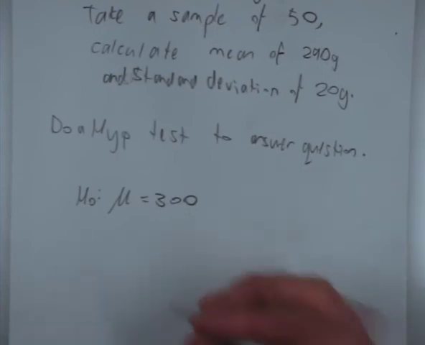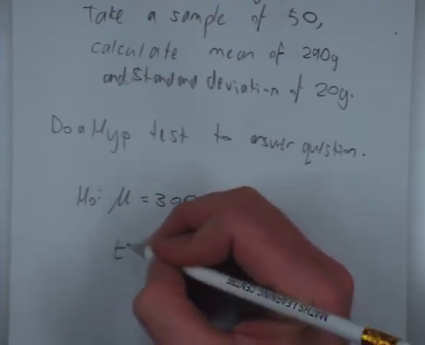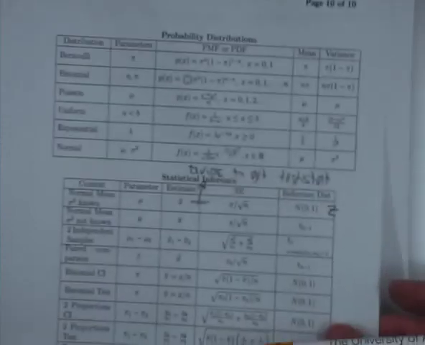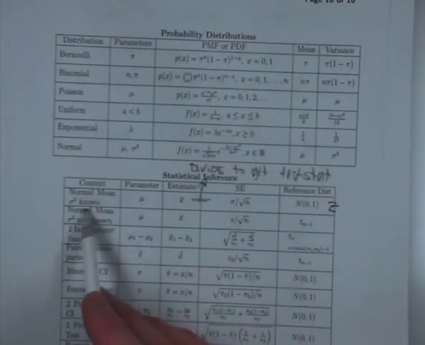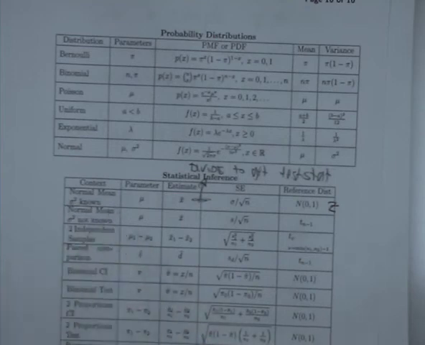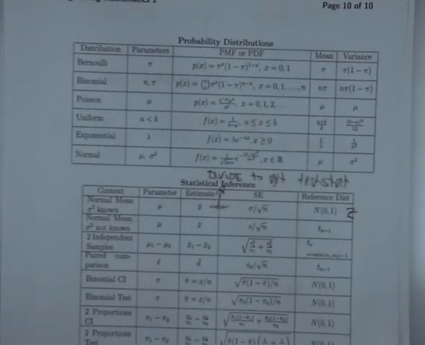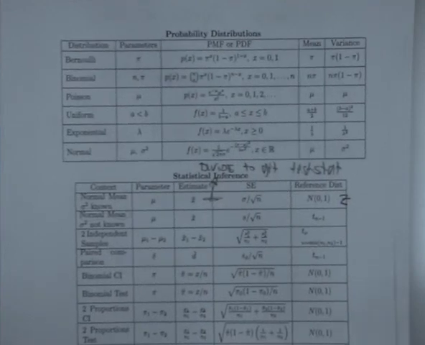And then you'll calculate your test statistic. And according to this table here, now what have we got where the context is a normal distribution with a mean? We just assume it's a normal distribution. I should have said that, but I'm going to skip that bit. If you've got a large enough sample size, it doesn't matter.